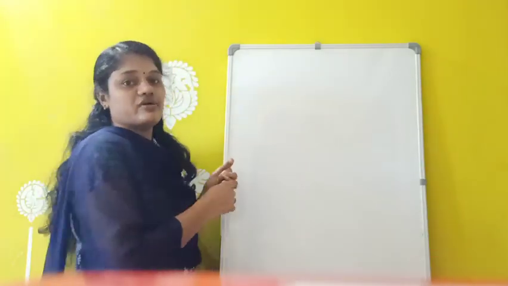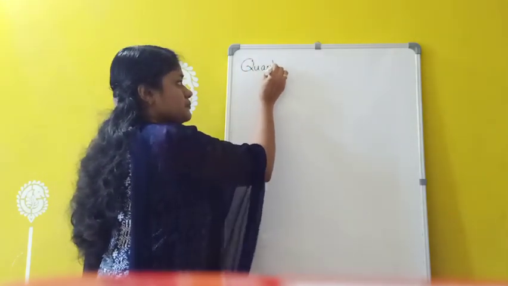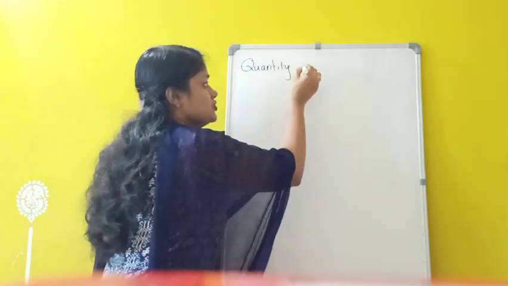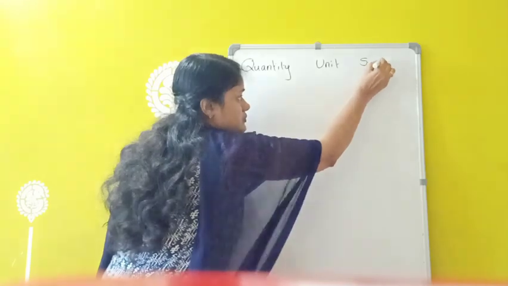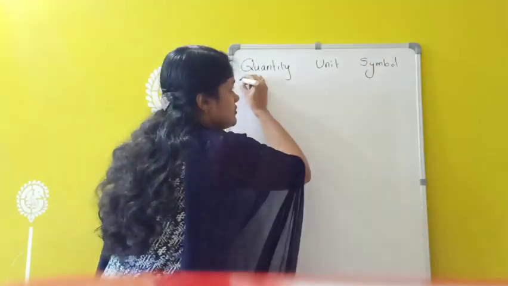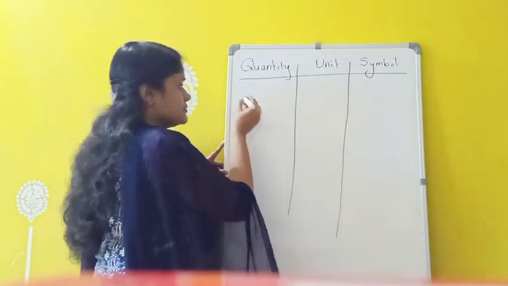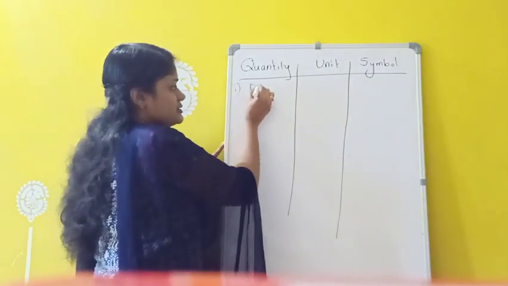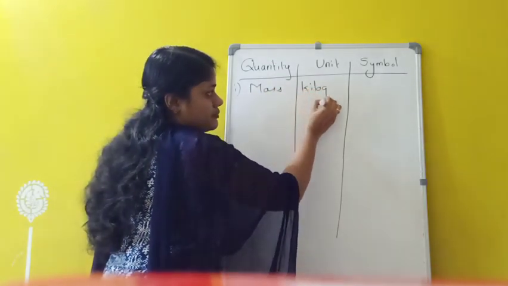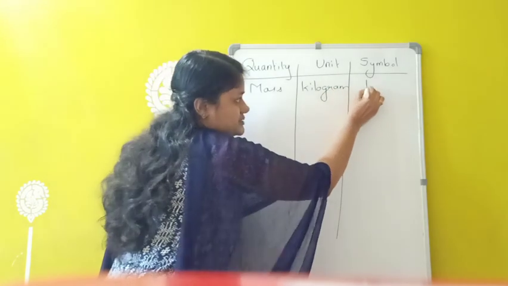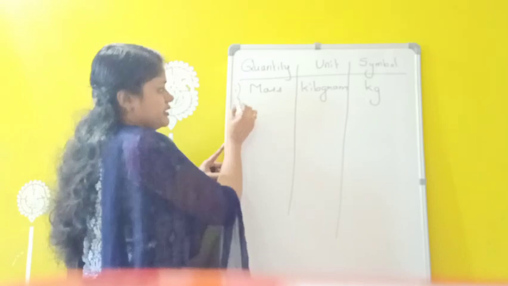So what are the 7 fundamental quantities? So first of all, quantity, unit, symbol. So we have 7 fundamental quantities. First one, mass. Unit is kilogram. Symbol is kg. Then second one, length.